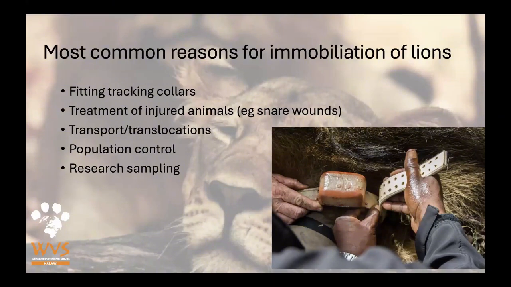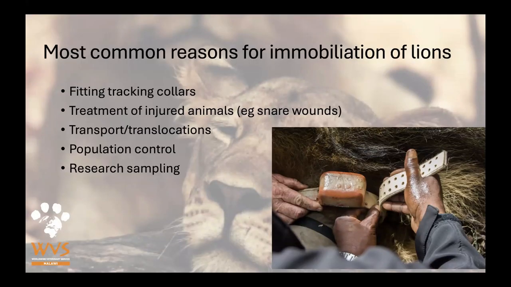And obviously we are not treating any sort of wounds that are just happening in the wild, but if it is human-inflicted, especially snare wounds, gin traps, anything like that, obviously we would intervene and treat these. Transport of lions, for example, if they broke out of the reserve, to bring them back in to avoid any human-wildlife conflict.